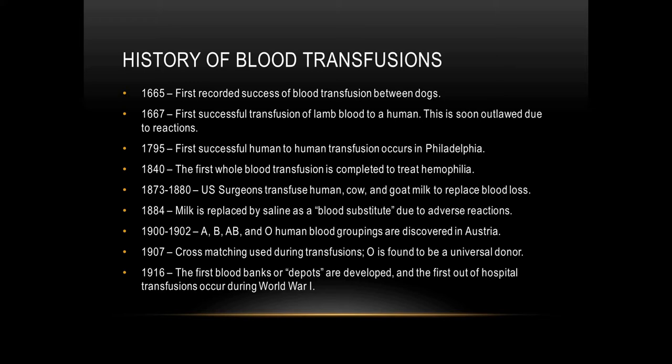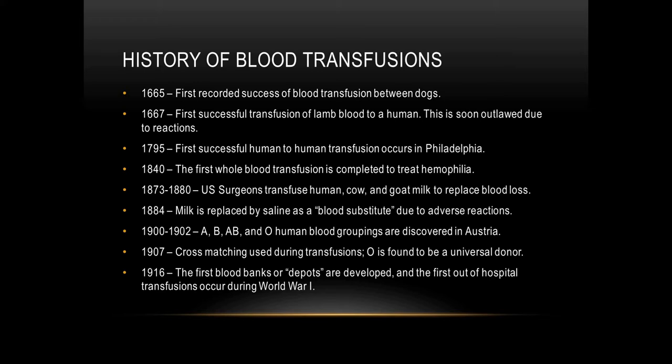As we continue on through history, you had the United States and Europe starting to do a lot of research. So this one kind of blew my mind, and as I was doing this research, I had never heard of this. But here, 1873 to around 1880, so this was a period of almost 7 years, U.S. surgeons were actually using milk, human, cow, and goat milk, to replace blood loss.